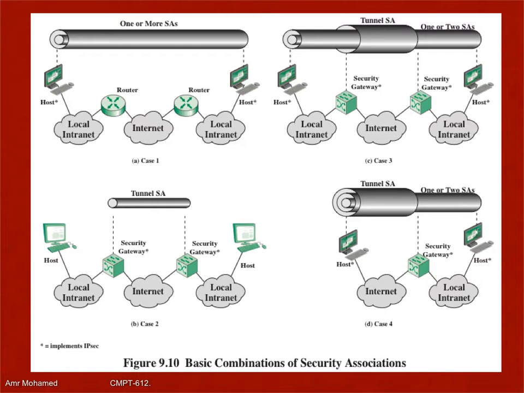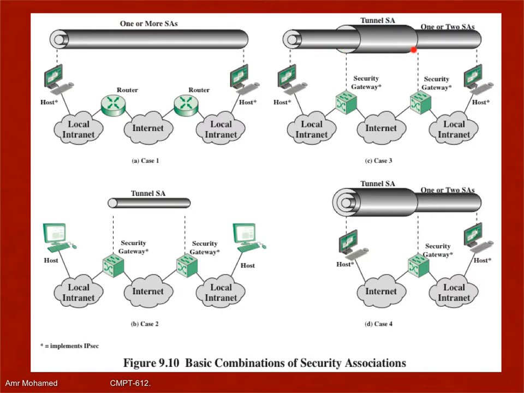So this is how it looks graphically. So you can bundle multiple SAs in the transport mode. So from host to host, we said that typically we use the transport mode. And in that case, you can use two SAs bundled together in the transport mode.